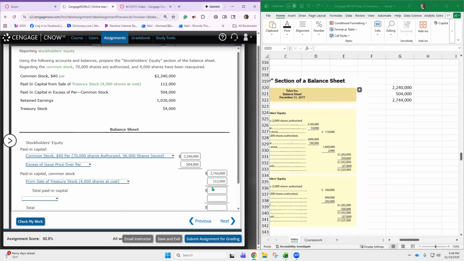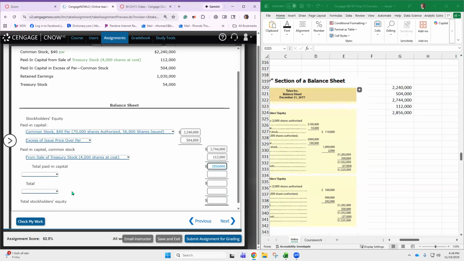So then you add those two together to get your total paid in capital: 2,856,000.